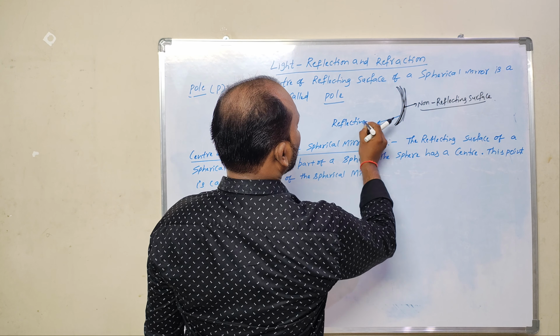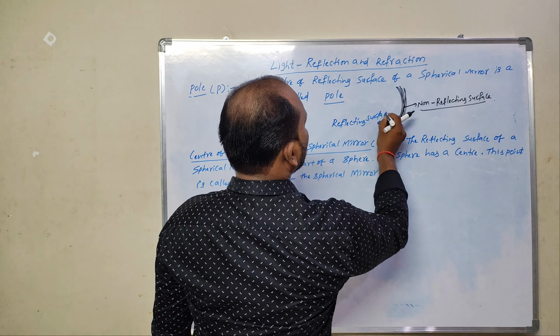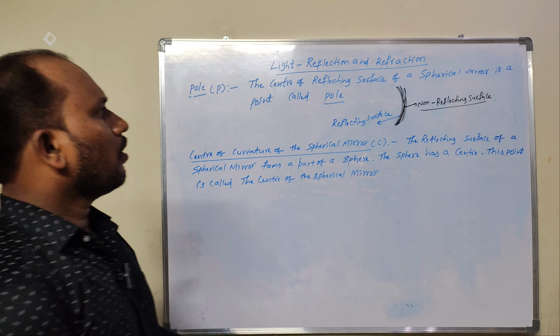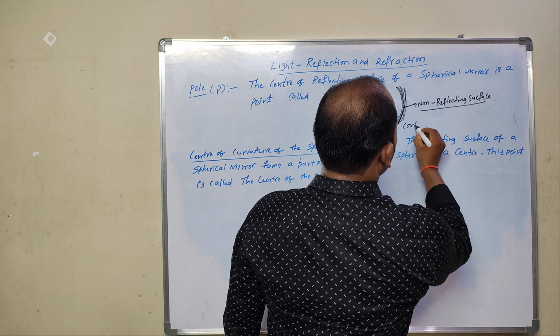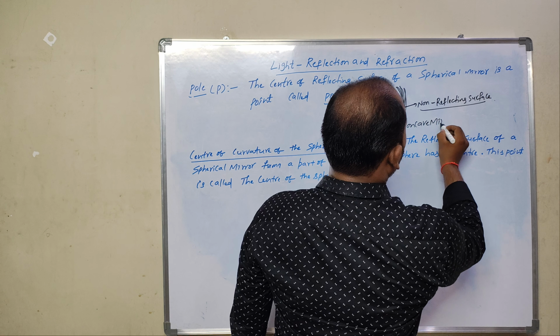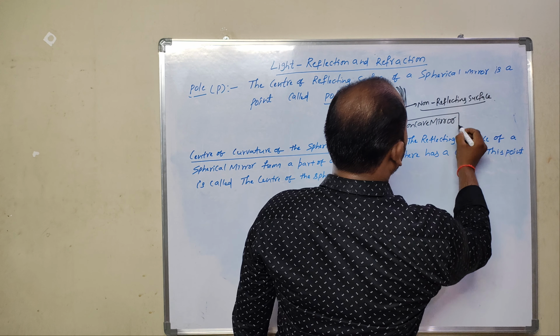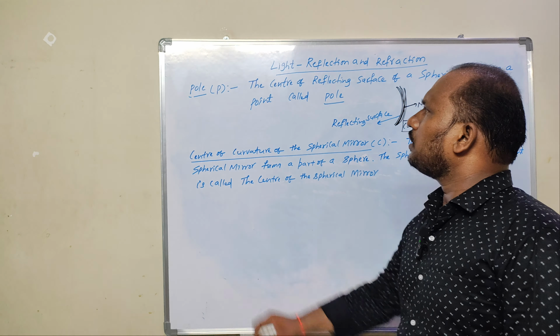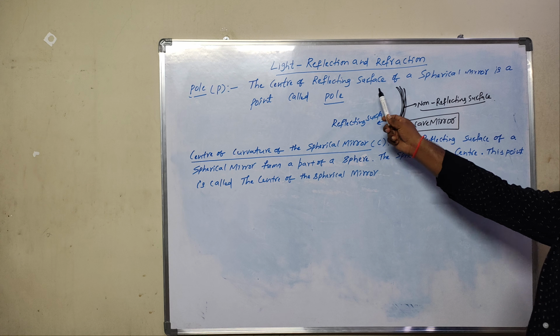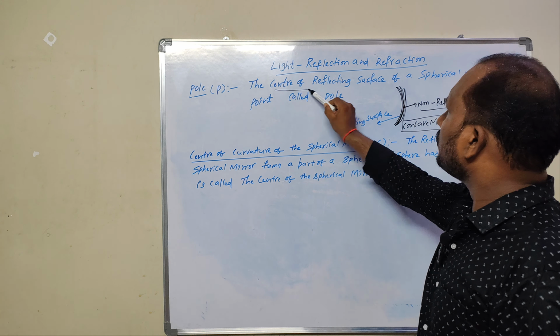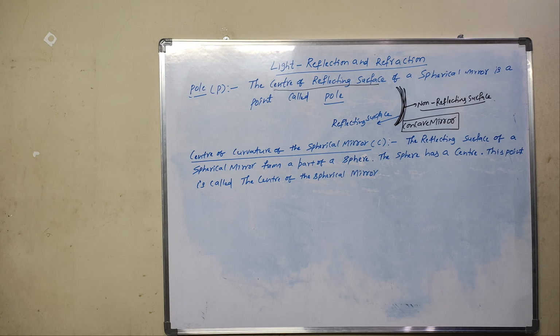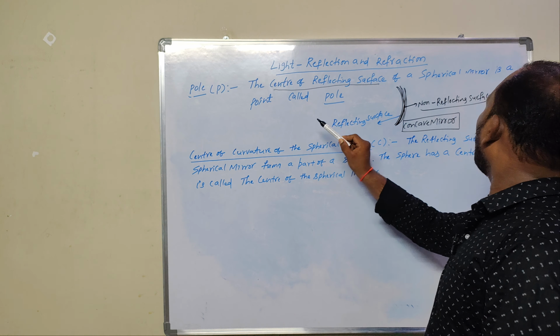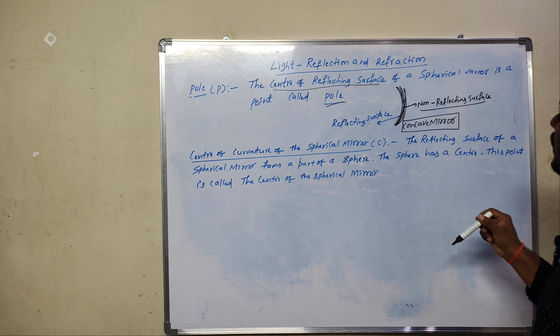This mirror is a concave mirror. This is the reflecting surface, and this is the non-reflecting surface. Let's see the definition of pole. The center of the reflecting surface of a spherical mirror is a point called pole. So what is the meaning of it?